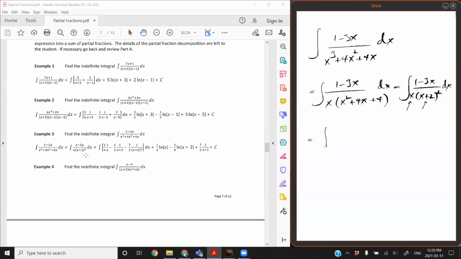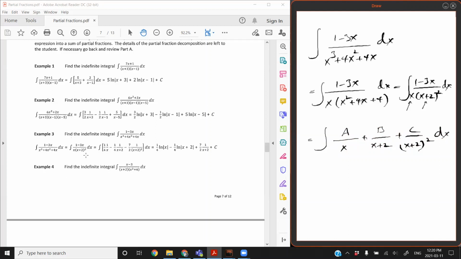So I know I can write this as A over x plus B over (x plus 2) plus C over (x plus 2) squared dx.